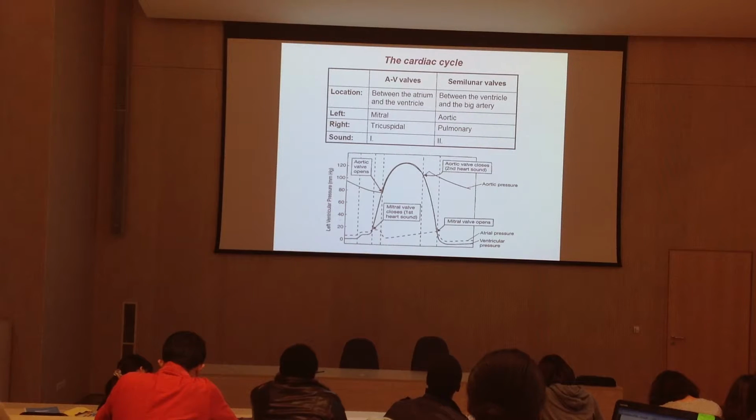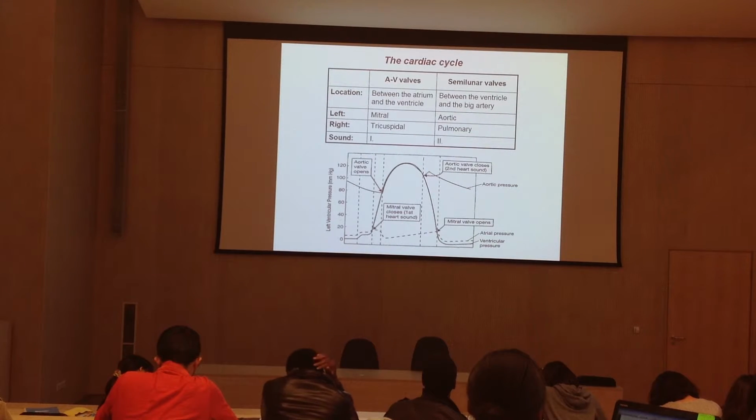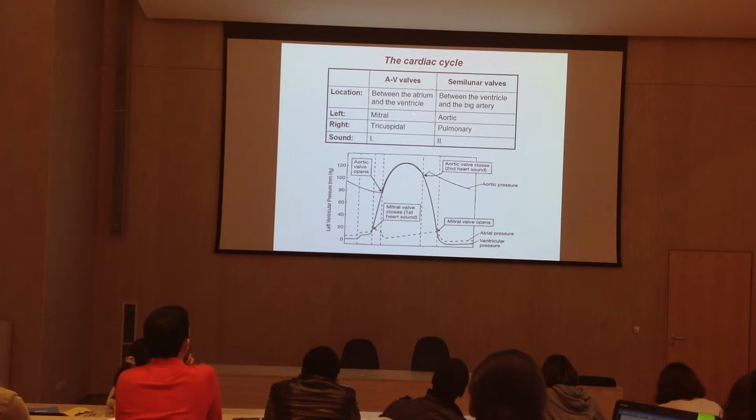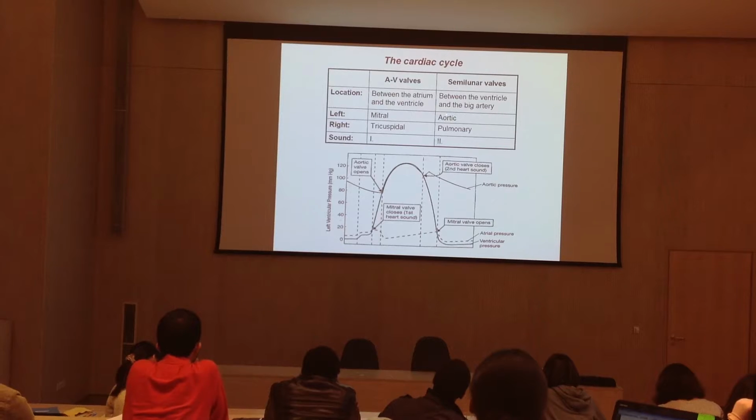Okay, we can find 4 valves in the heart. 2 valves are on the left side, one between the atrium and the ventricle, and the other one between the ventricle and the aorta. This is the aortic valve, and this is the mitral valve.